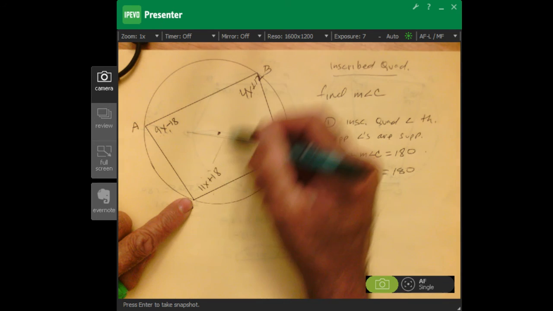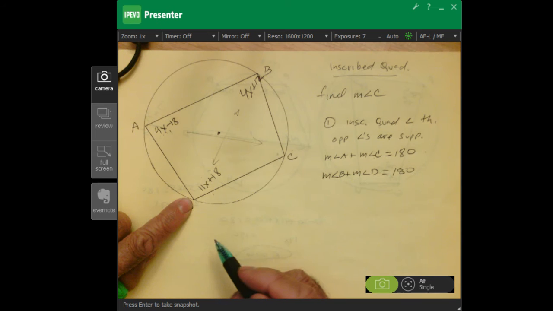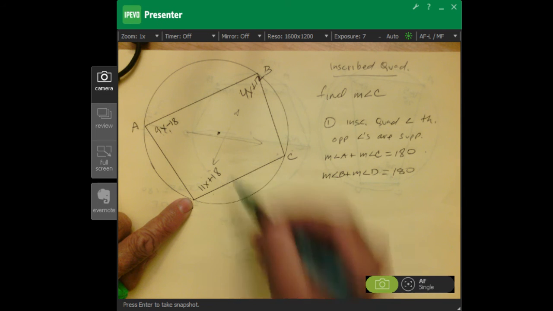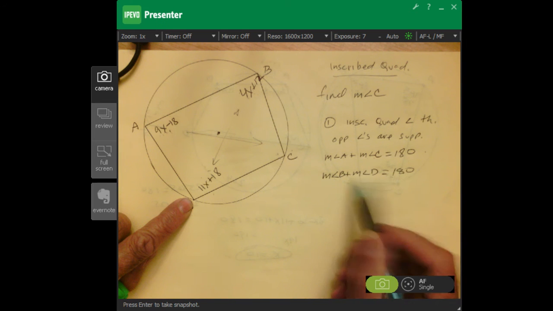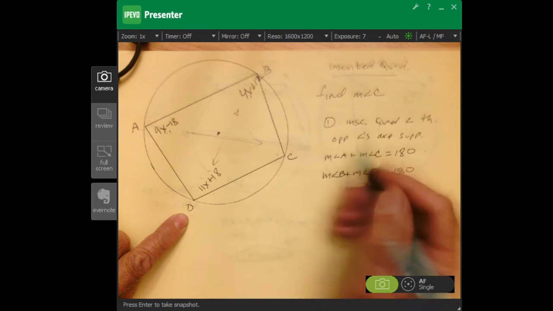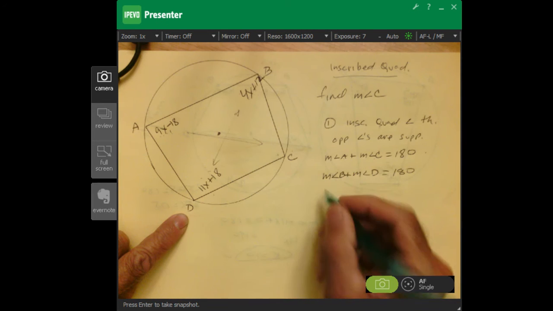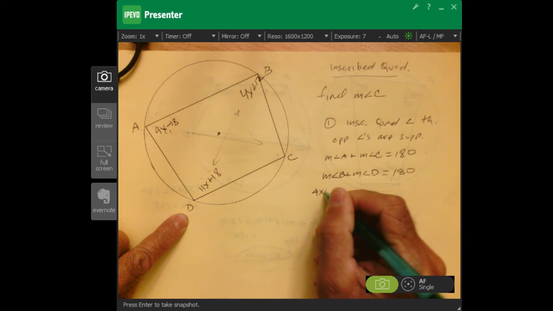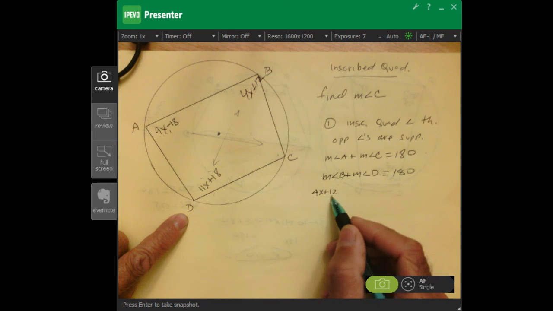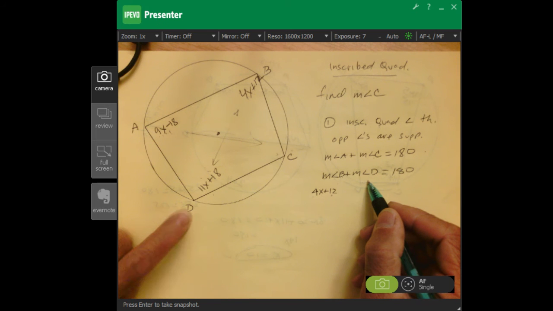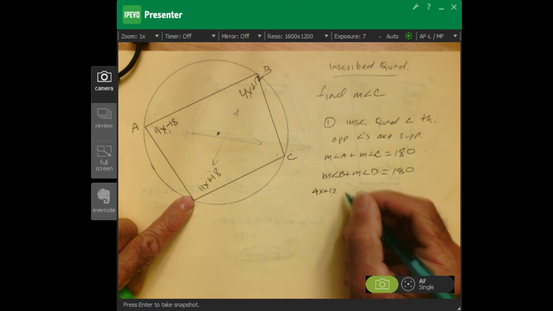So we're going to go back to these two angles right here. These are opposite angles in an inscribed quadrilateral, so that means they're supplementary. We're going to replace measure of angle B with this expression, 4x plus 12, and then replace measure of angle D with this expression.